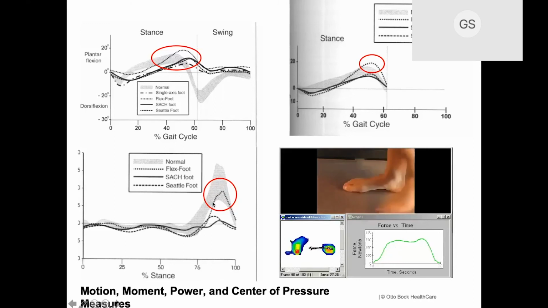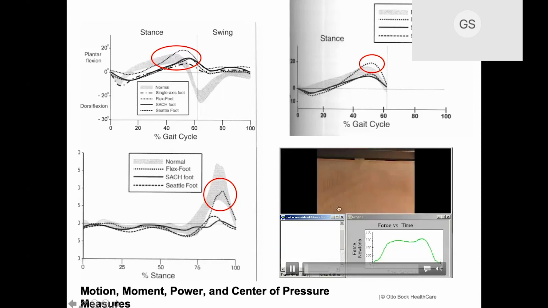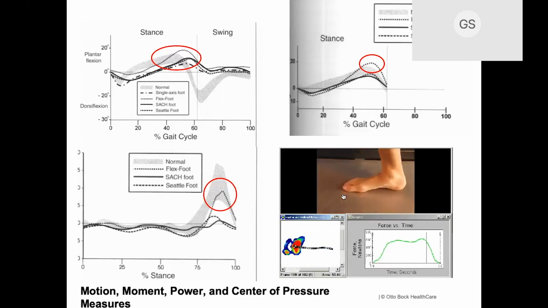And what this means is it's responding to loading and unweighting very similarly to the natural foot. And we can kind of see that when we look at center of pressure measurements. And orthotically, we're really limited because we're trying to enhance that. We can't just replace it like the prosthetists do. We're trying to actually simulate that response.